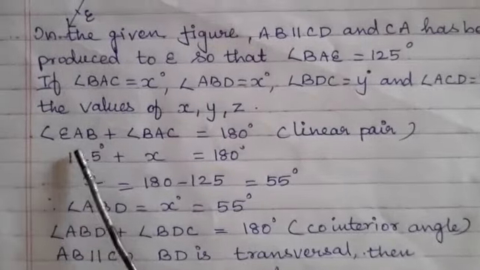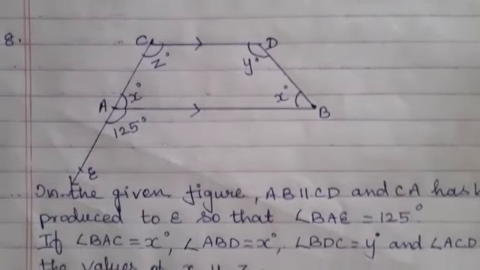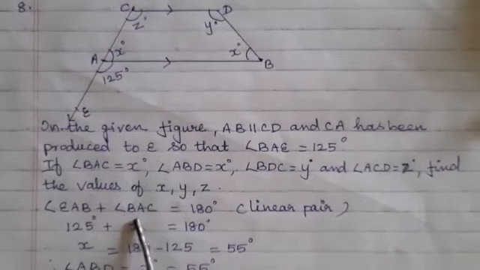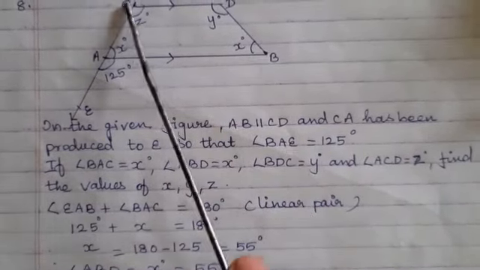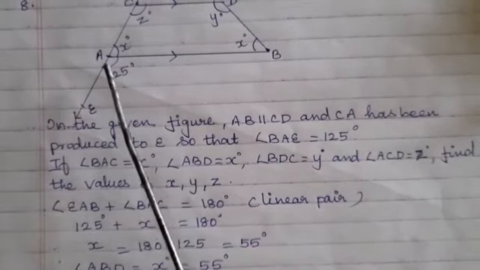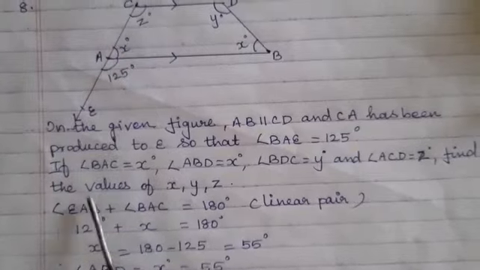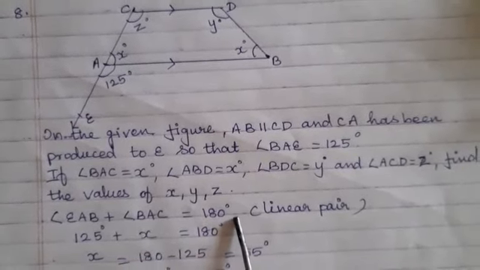First, angle EAB is equal to 125 degrees, and angle BAC is x degrees. The sum of these two angles, this is a line cut by a transversal, so they make a linear pair. So EAB plus angle BAC equals 180 degrees.